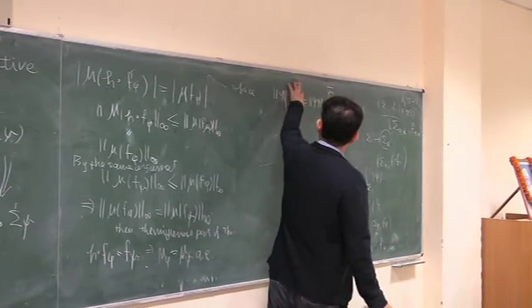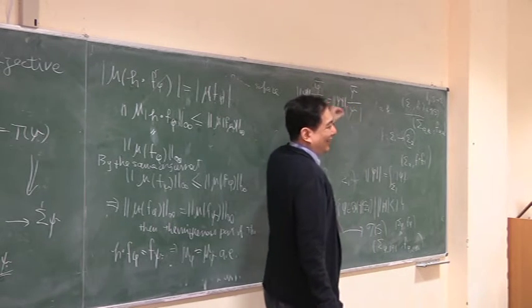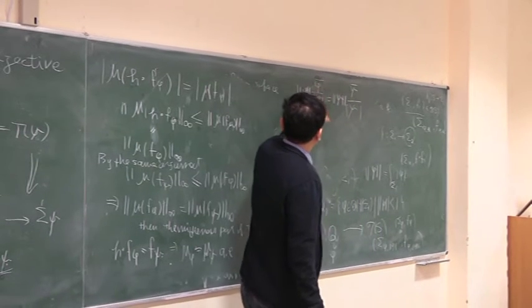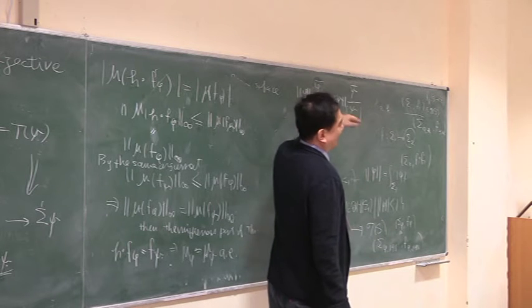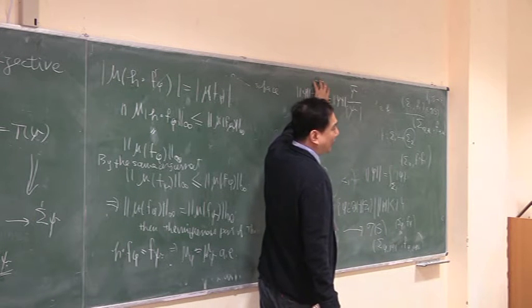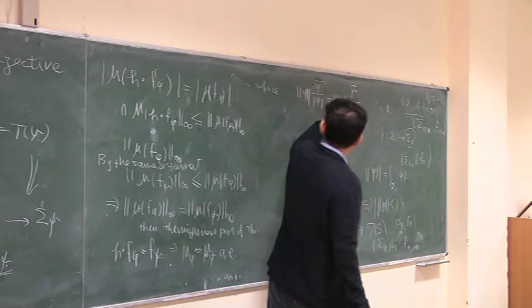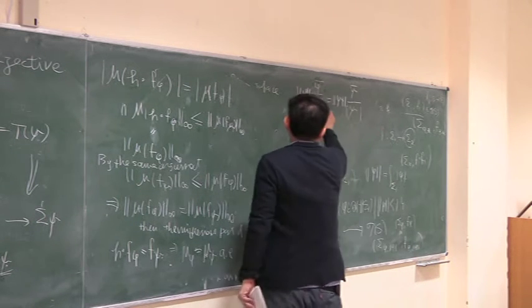These are norm 1 because it's the same function: this is just the complex conjugate, and this is just the absolute value. So this part has absolute value 1. So this implies that the norm of that and the norm of that are equal.